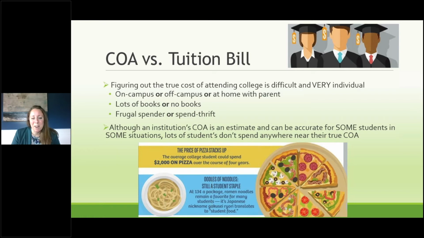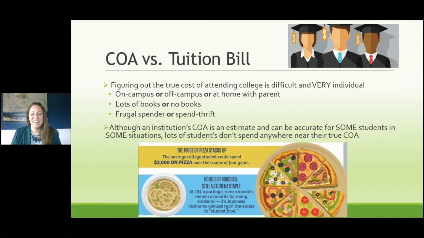I found this graphic and I thought it was interesting that the average college student could spend up to $2,000 on pizza over the course of 4 years. Over 4 years, $2,000 on pizza, that's a lot of money. A lot of students are still eating ramen noodles at 13 cents a package. Ramen translates in Japanese to student food.